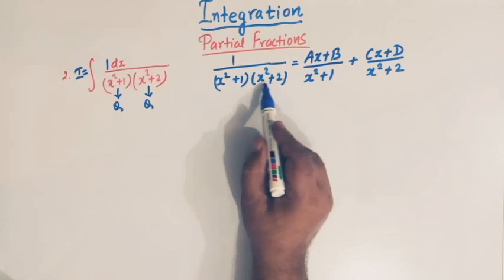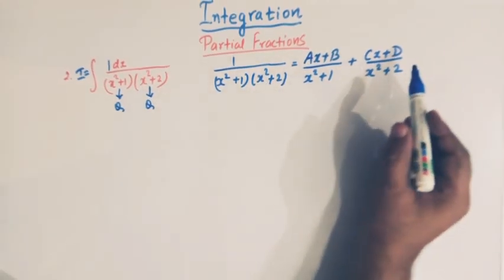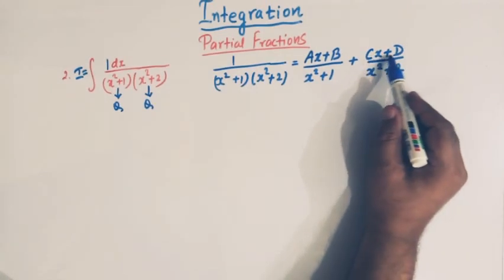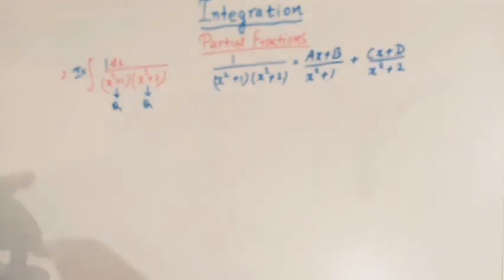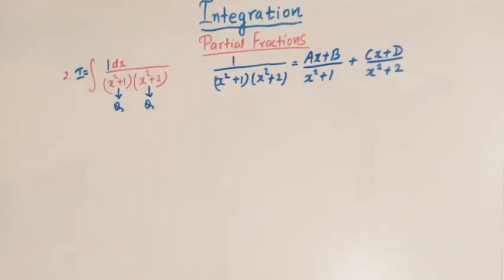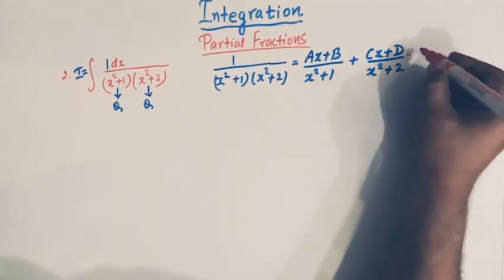Here also this quadratic function is not factorizable into real linear factors, so we have cx plus d in the numerator. Okay, so now we will take the LCM.